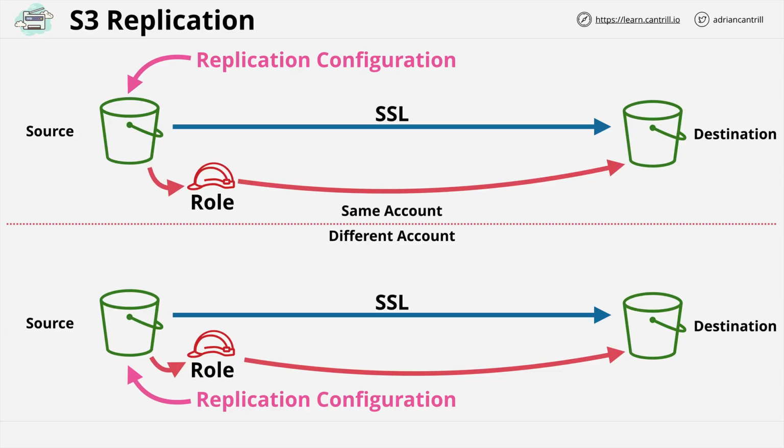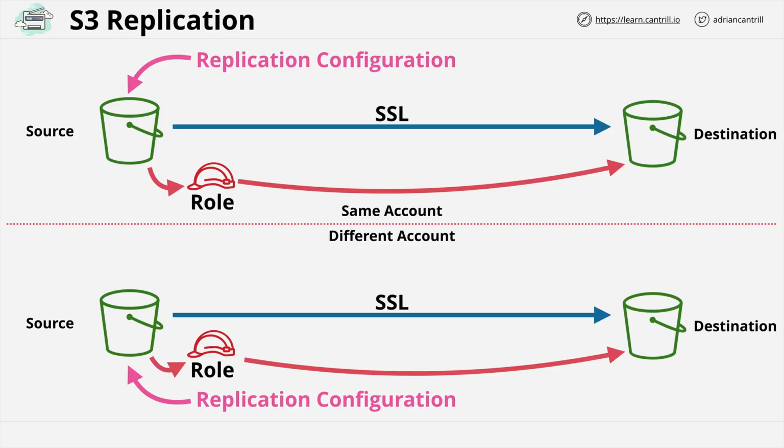There is one crucial difference between replication which occurs in the same AWS account versus different AWS accounts. Inside one account, both S3 buckets are owned by the same AWS account, so they both trust that same AWS account that they're in. That means that they both trust IAM as a service, which means that they both trust the IAM role.